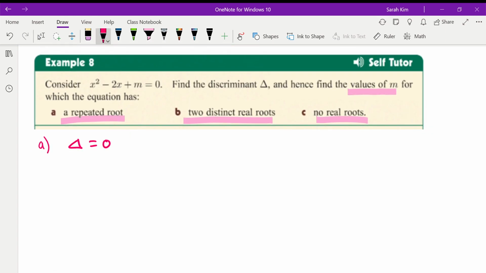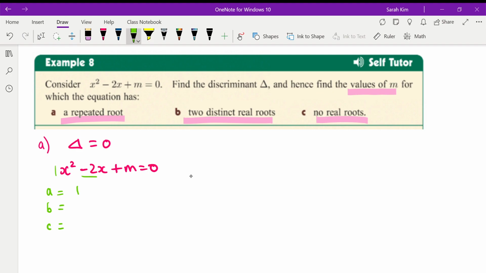Let's have a look at our equation. Our equation is x squared take 2x plus m equals 0. Now, I don't need to rearrange it or anything because it has an equal 0 and everything is on one side, so I'm good to go and start to write A, B, C. I just need to look at the coefficients and figure out my A, B, and C. So my A is 1, so there's a 1 there.